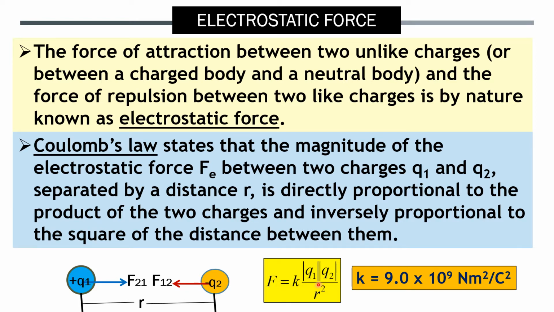In using the formula, we just stick to the magnitude of the charges, and this will be divided by the square of the distance separating the two charges. And incidentally, the value of K that you are going to use in this tutorial is equal to 9.0 times 10 to the 9. The unit is newton meter squared per coulomb squared. We'll have our first example in a little while.